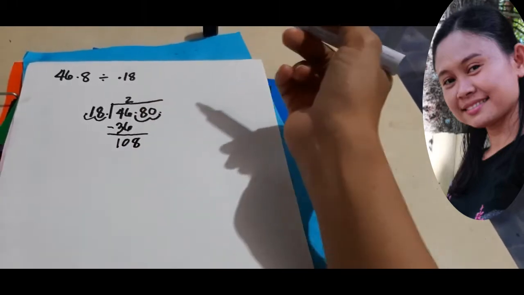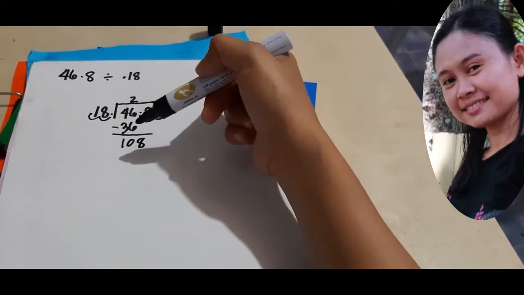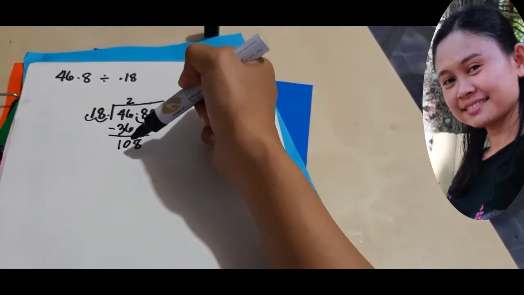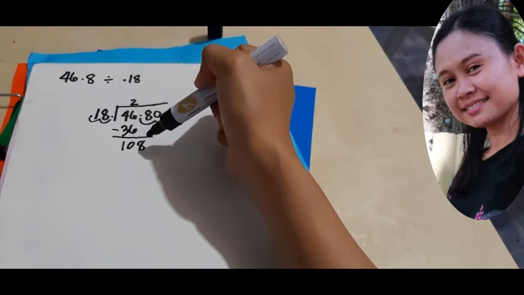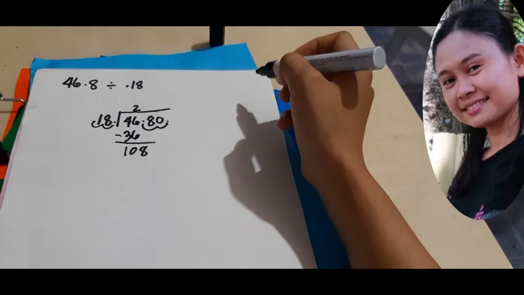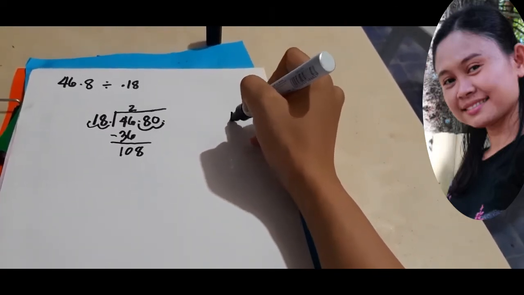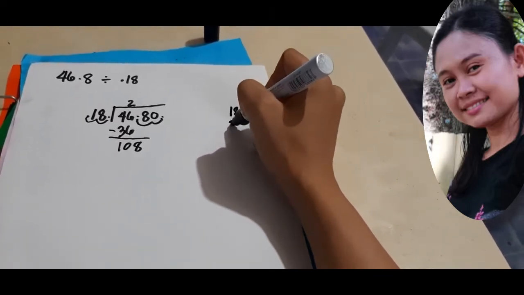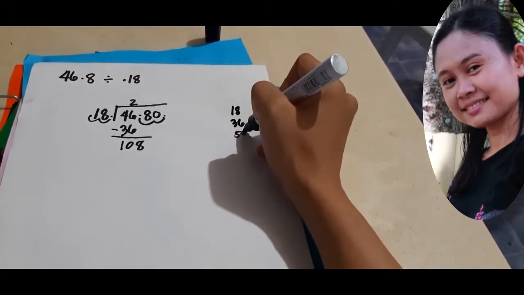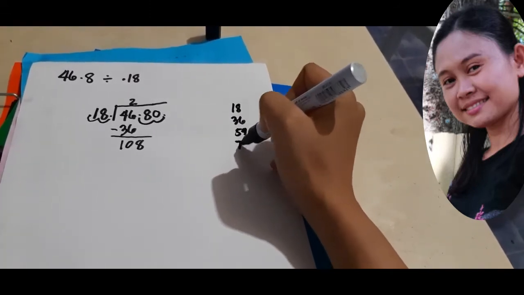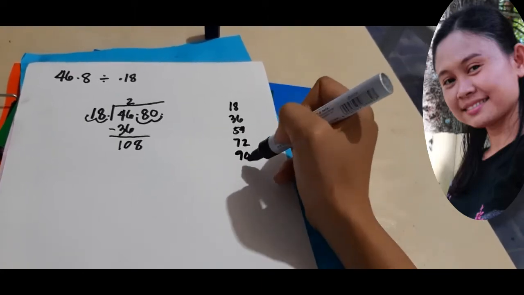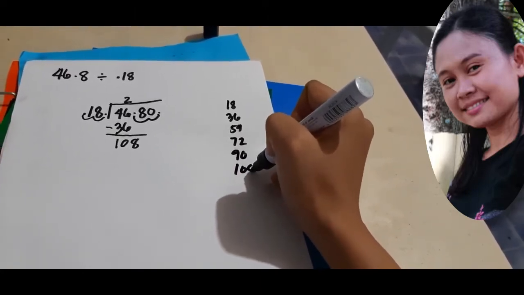108 divided by 18. To know how many 18 are in 108, we need to use skip counting manually. So let's start. 18 plus 18 equals 36, plus 18 equals 54, plus 18 equals 72, plus 18 equals 90, plus 18 equals 108.